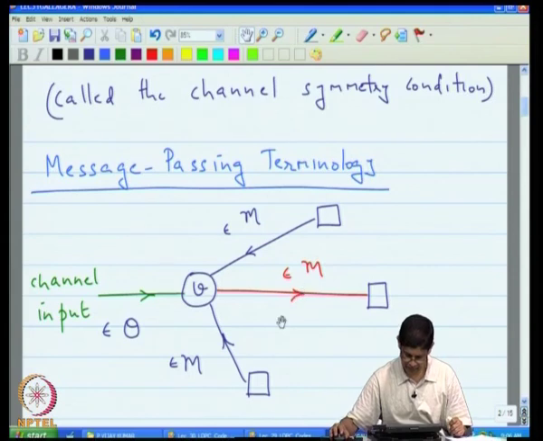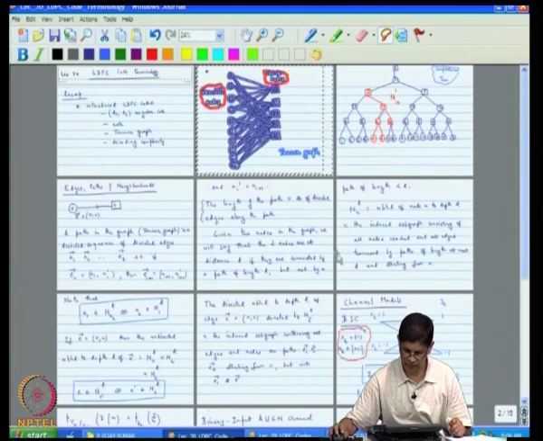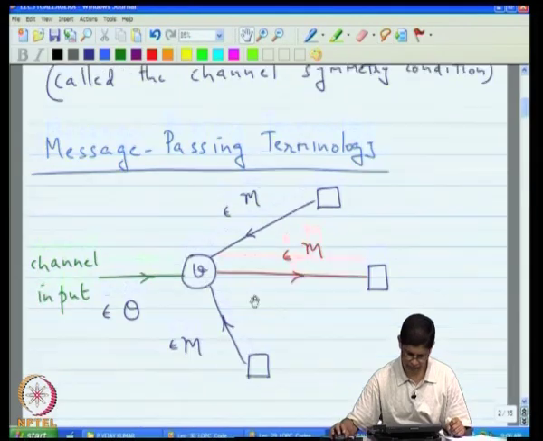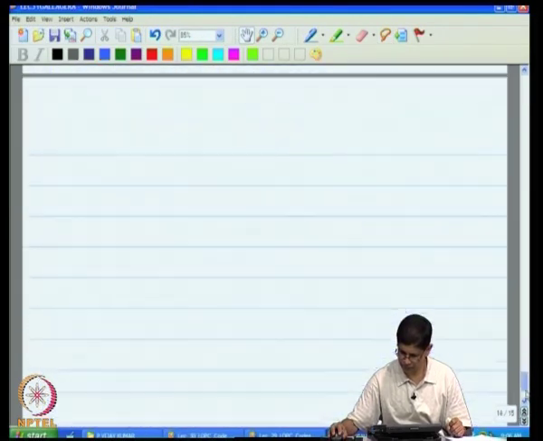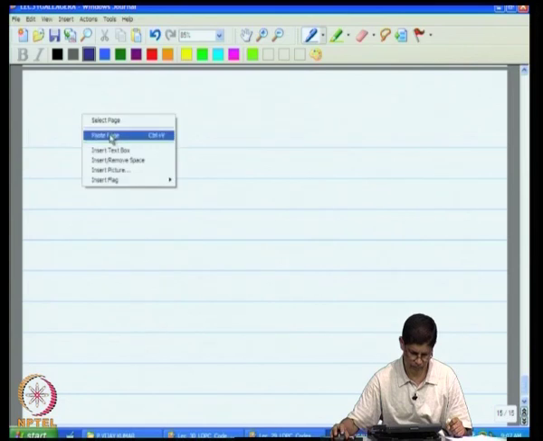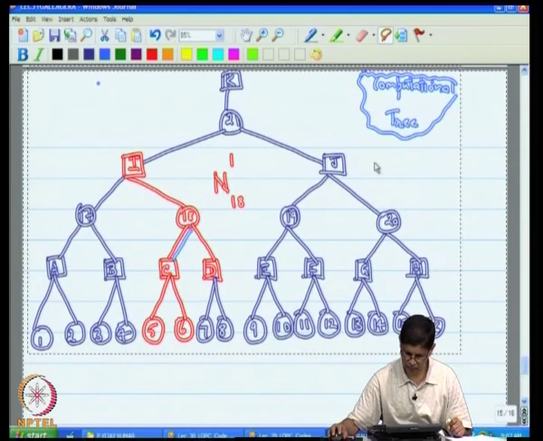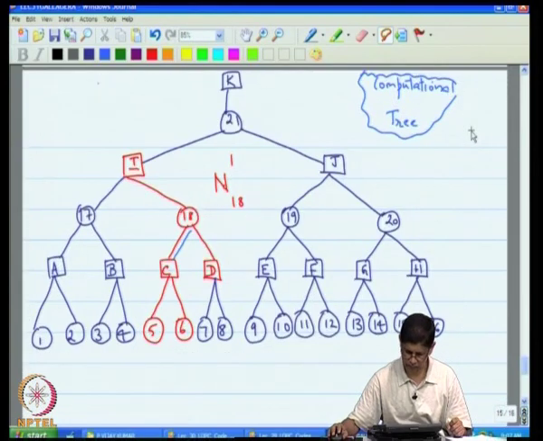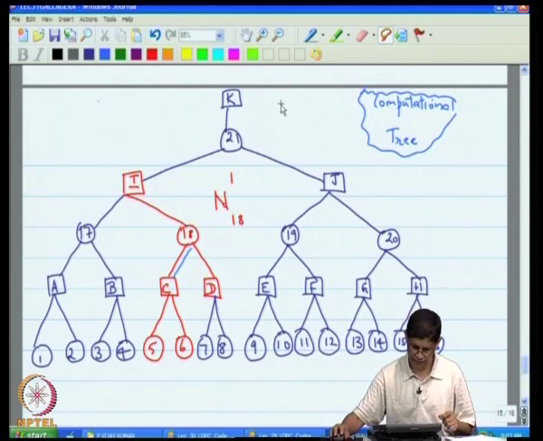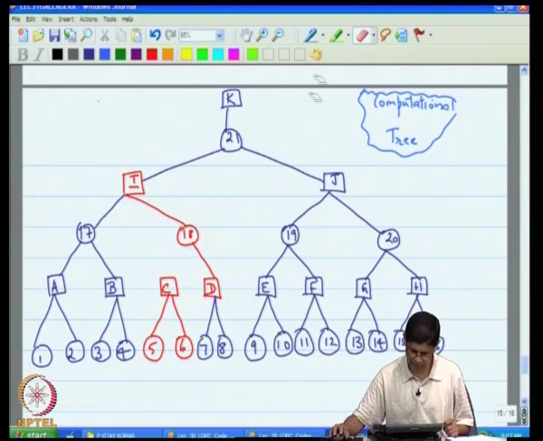point comes up, and for that I will have to take you back to the computational tree. So, let me select this page, bring it into our current lecture. Okay. So, here is the computational tree, right, and let us get rid of these colors, we do not need them here anymore.